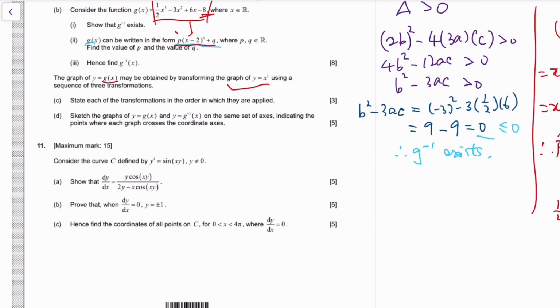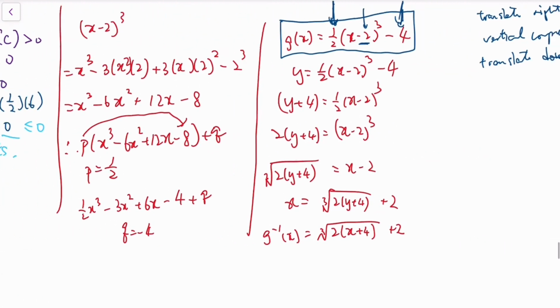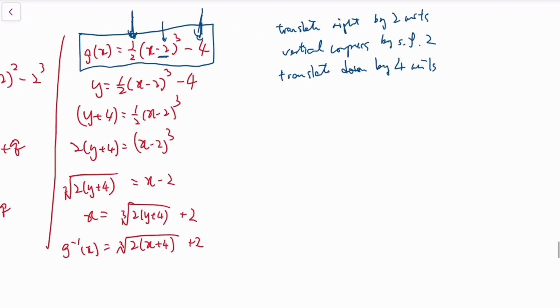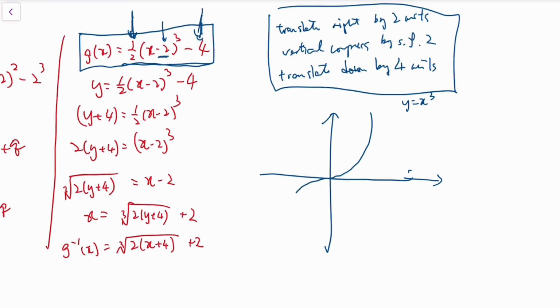Sketch the graph, indicating the point where each graph crosses the axis. Okay, so let's do that. This is how we're going to draw G. Obviously you're expected to know that the cubic graph looks like this, and it passes through 0, 0.